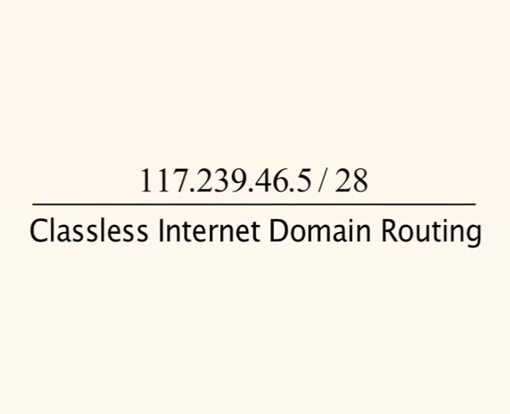In this particular example, /28 signifies that the subnet mask contains 28 ones followed by 4 zeros. Now we have learnt two techniques to represent the subnet mask, one directly and the other using classless inter-domain routing.